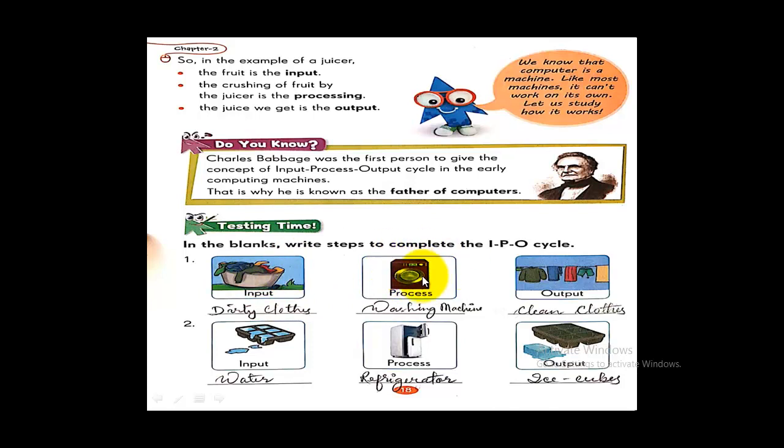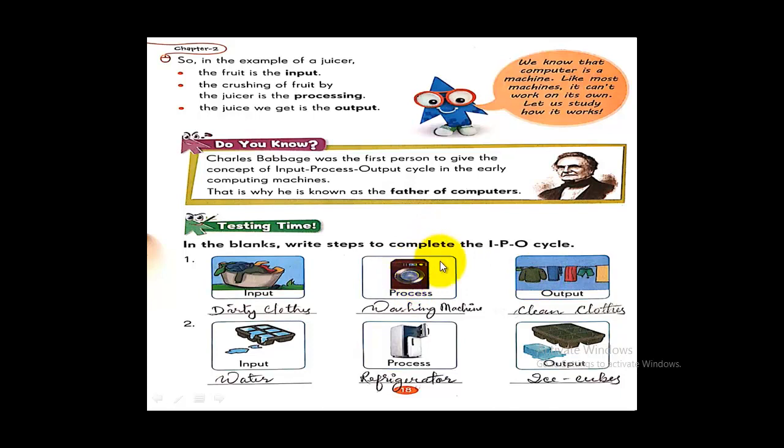Dry them in the sunlight. You can get a dryer in washing machines also.